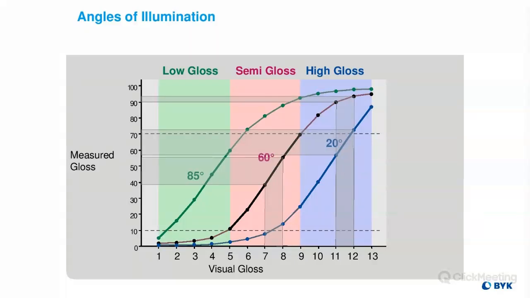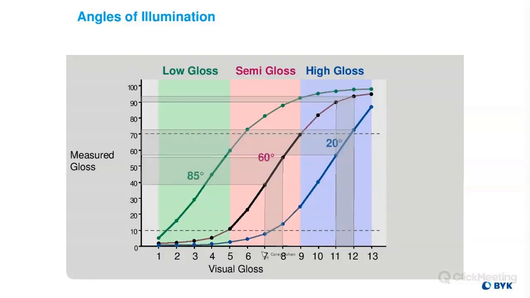The other thing is that we can see here why we have different gloss angles for different gloss levels by the shapes of these curves. Let's say I want to know the difference between the 7 and the 8 panel. With our 60-degree meter, 7 reads at about, let's say, 39. The 8 is going to read at about 55. So what's that, 16 gloss units difference?